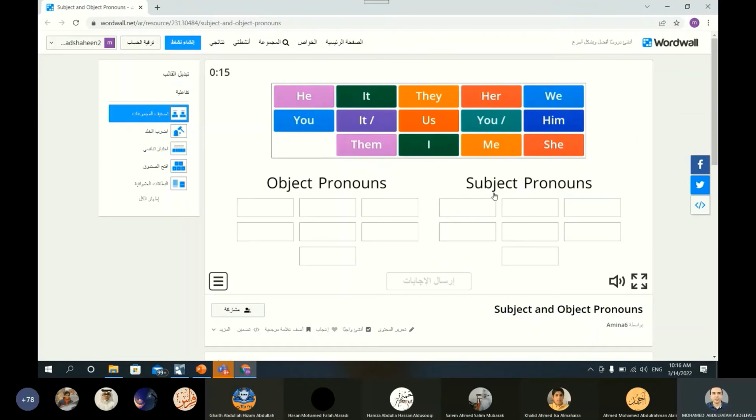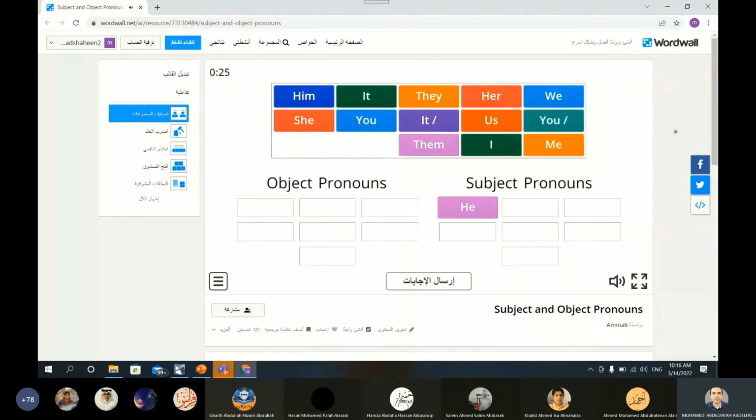Let's start with the subject pronouns. He. Subject. Yeah, it's a subject pronoun. Him. No, him is not subject. Focus only on the subject pronouns, and then let's go to the object pronouns.